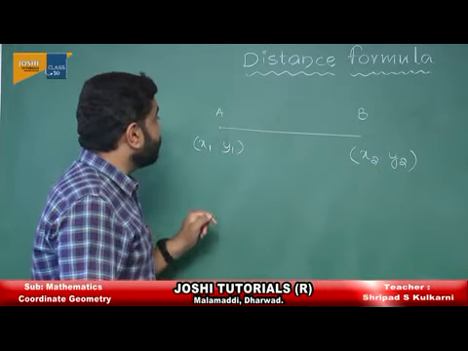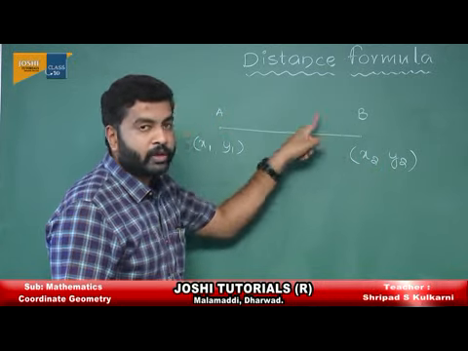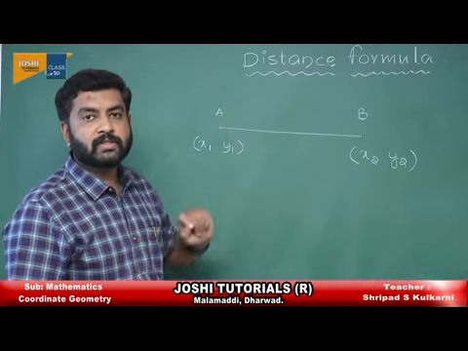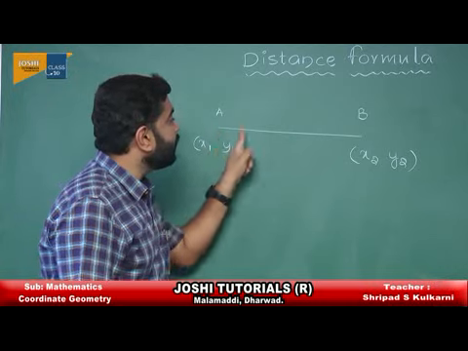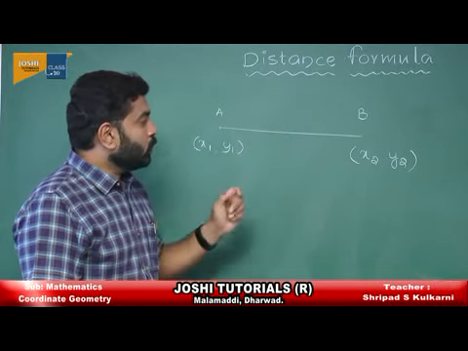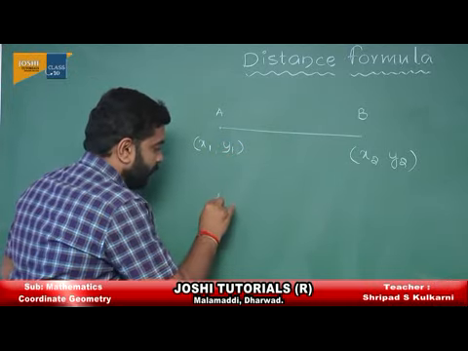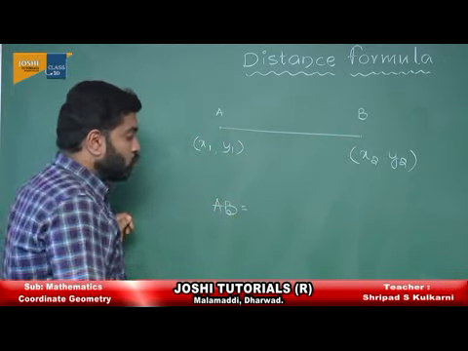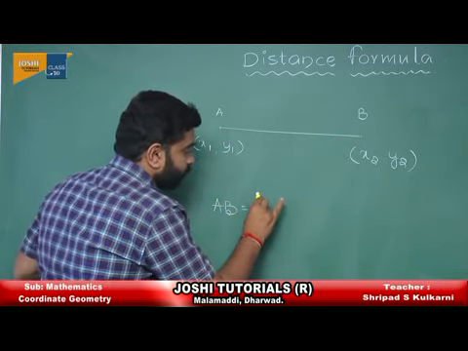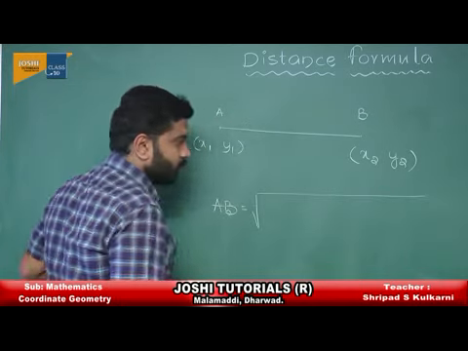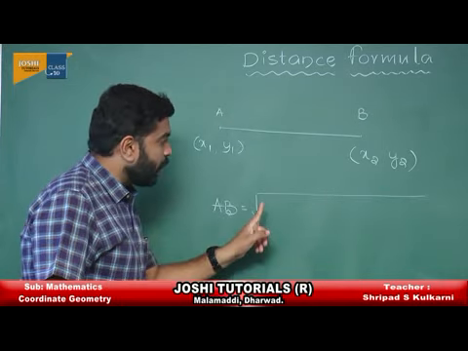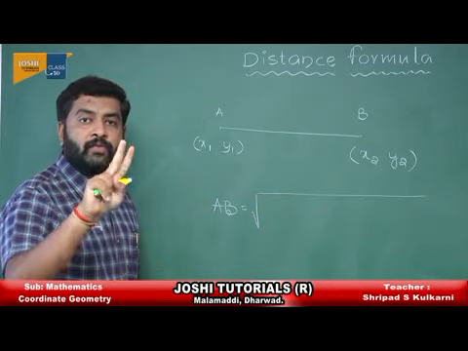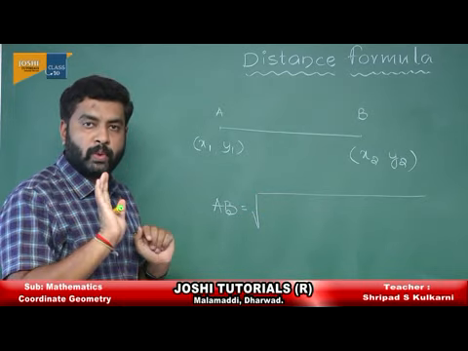Now I want to find the distance between these 2 points, AB. I want to find the distance of AB. How much length it is. To find this, I'll write AB is equal to, I'll use the formula like this, square root of, difference of x coordinate whole square.